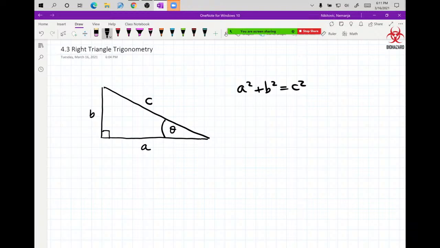We might also know that the a and b sides are called legs, the shorter sides. So a leg and a leg. And the longest side is called the hypotenuse.